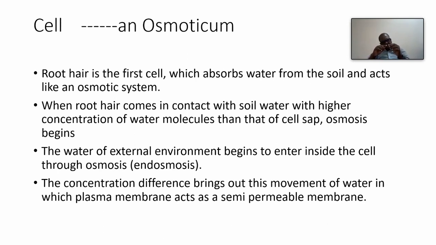When water comes into contact with a particular cell that has high osmotic potential, water enters from the soil into this cell. Then it is called endosmosis. That means water moves from the outer environment into the cell through osmosis. That is called endosmosis. Okay.